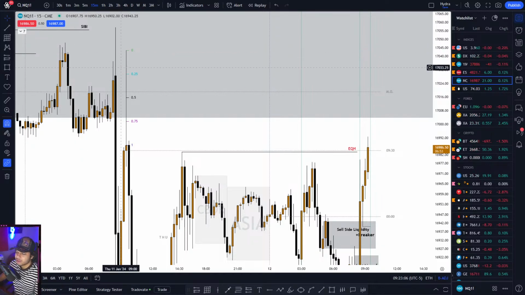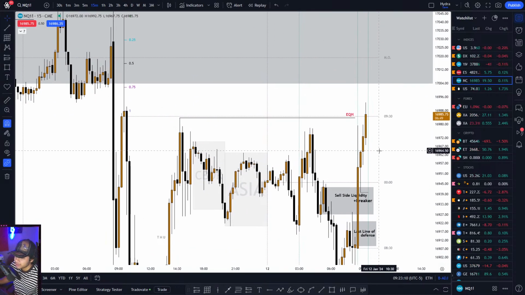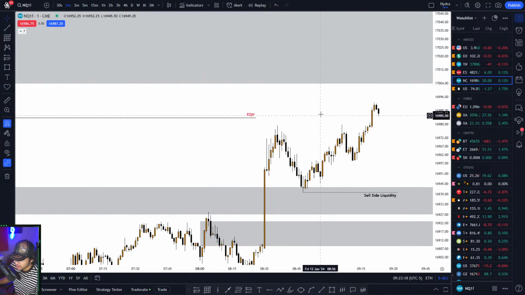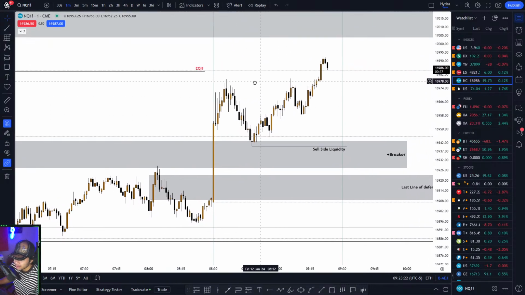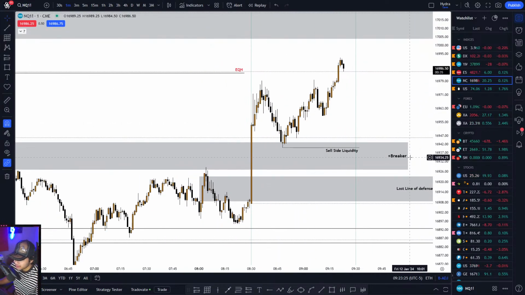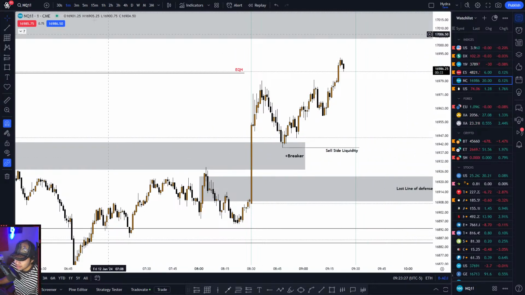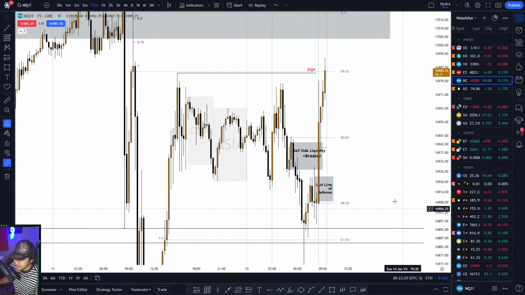But I wanted to start from 8 o'clock so that we would read how PPI can potentially deliver, like we did yesterday. At 8:50 we didn't have any trade from here, but targeting this liquidity up here, that's what I saw from this breaker. It was a very nice setup on the 50-minute chart.